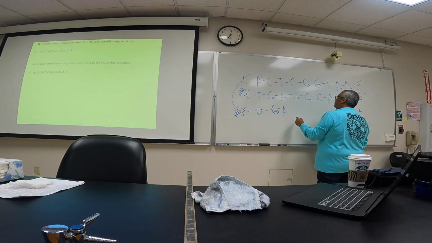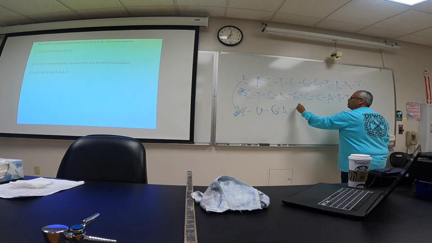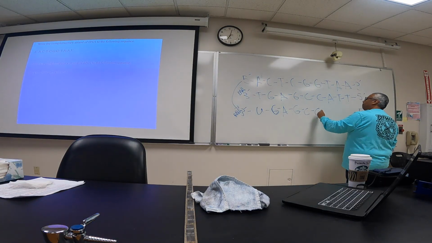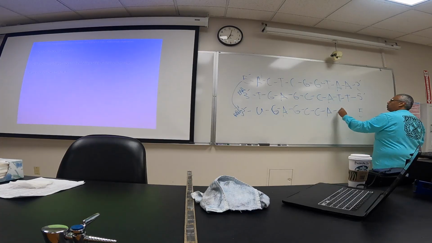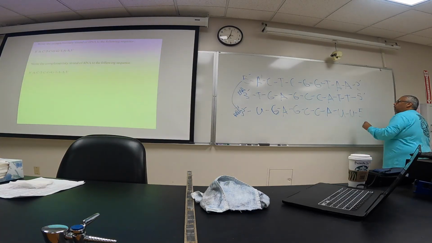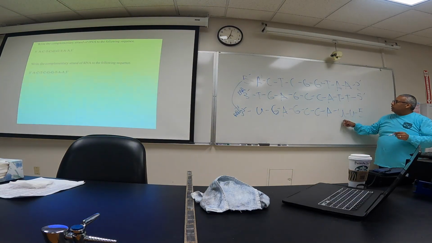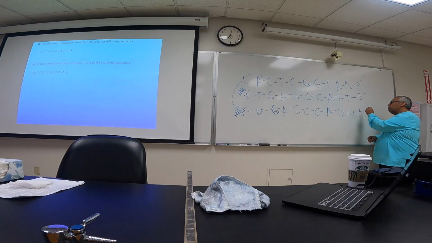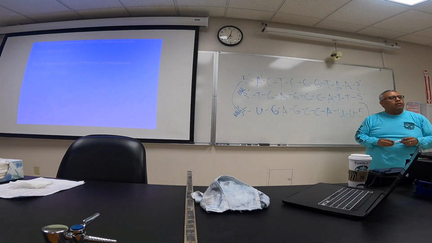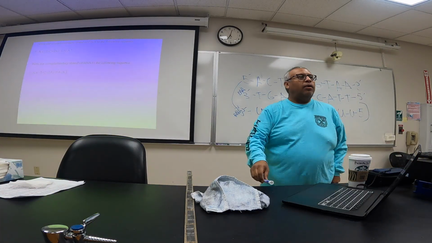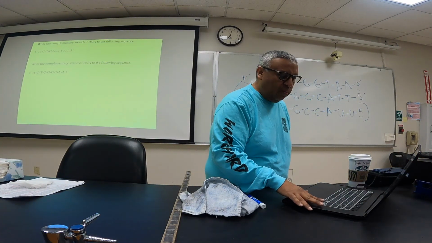A, T still bonds to A, G, C, A, U, U, right? So adenine bonds to uracil instead of thymine, and this would be some complementary RNA strand.